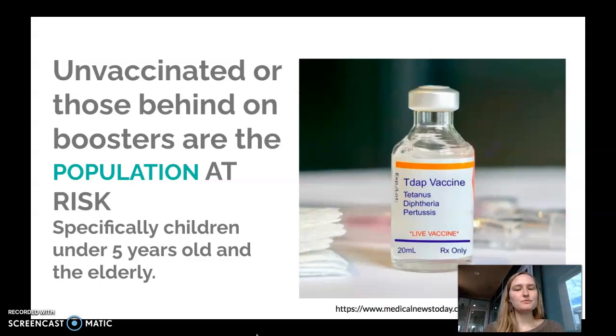The people who are most at risk are those who have not been vaccinated or those who have not kept up on their boosters. For this reason, the elderly are especially at risk because it's very easy for them to fall behind on their regimen, or if they're in a nursing home or have memory loss issues, then they might forget if they have been on top of it or not.